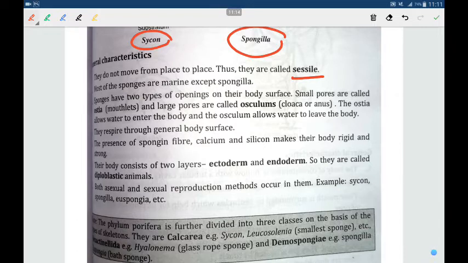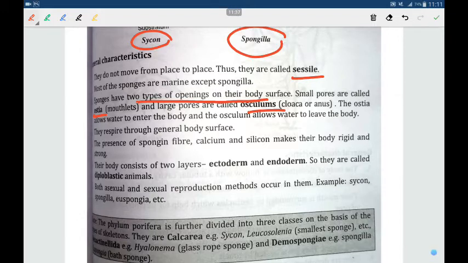Number two, they have two types of openings on their body surface. That is also an important characteristic of Porifera. Small pores are ostia and large pores are osculum.